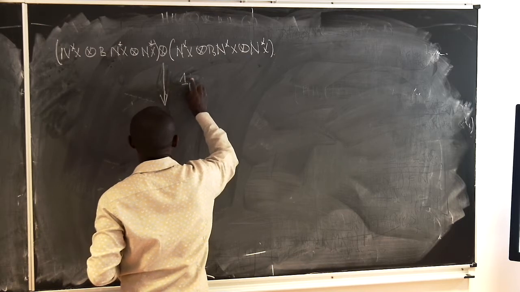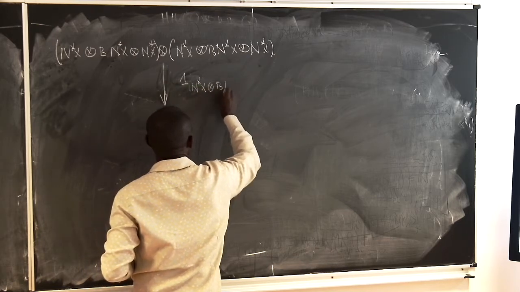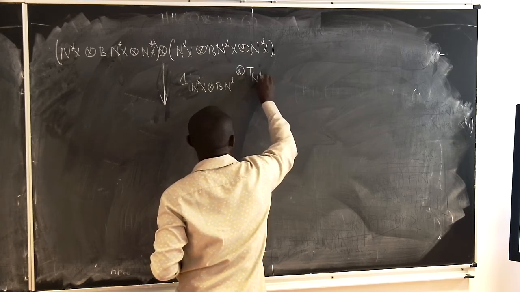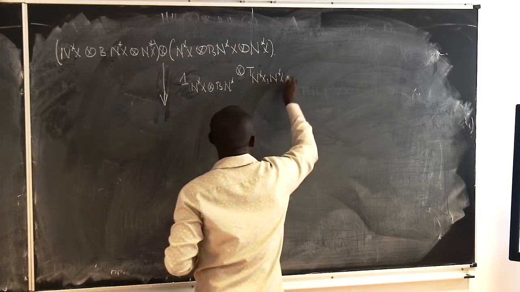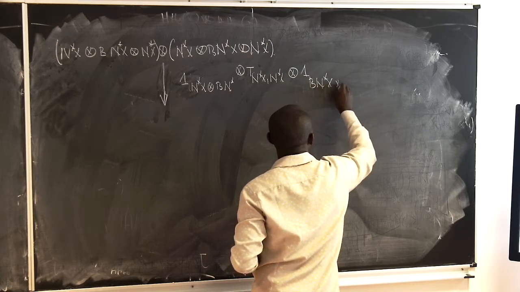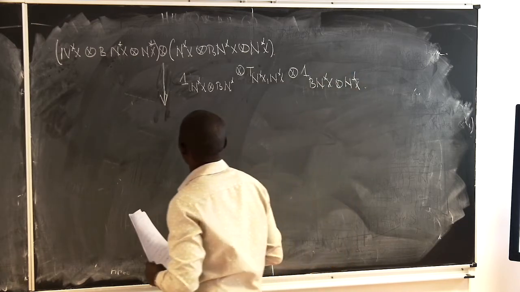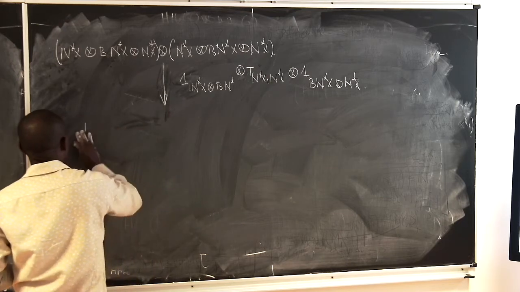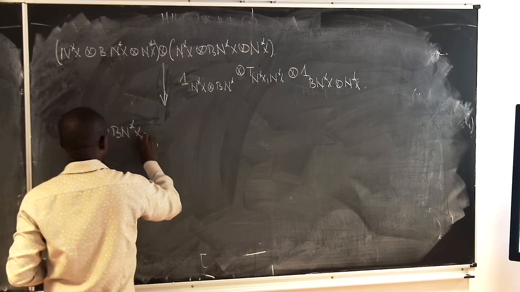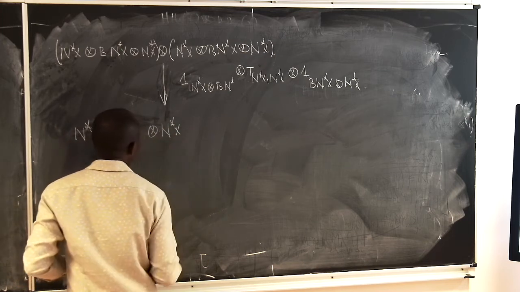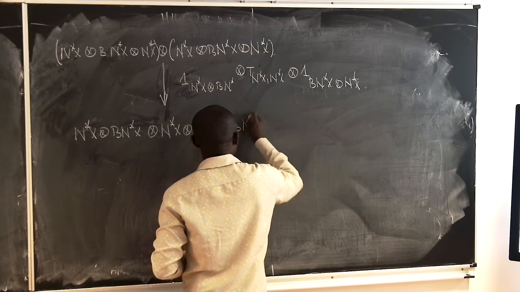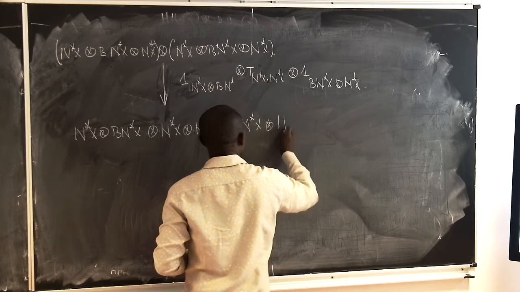So we have here 1 Nx tensor B Nx tensor, and with this map we obtain this.